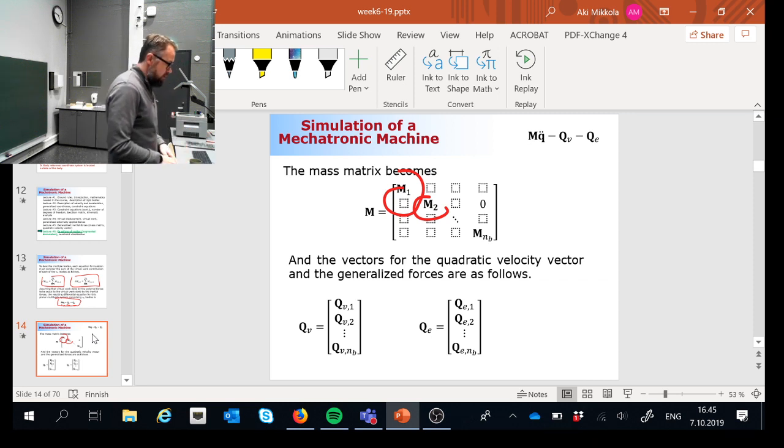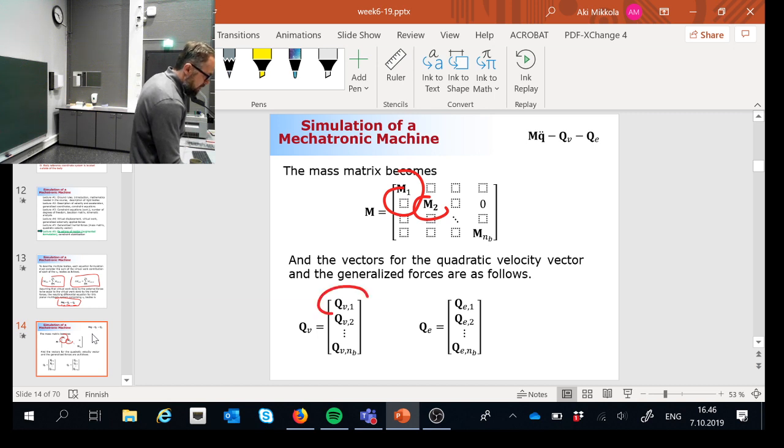Same procedure goes for the quadratic velocity vector. For the first body, I will have 3 components for the quadratic velocity vector. And if I'm going to have a second body, I'm just adding those to my original vector with no thinking. Remember, no thinking whatsoever in multibody dynamics. Just do things mechanically.